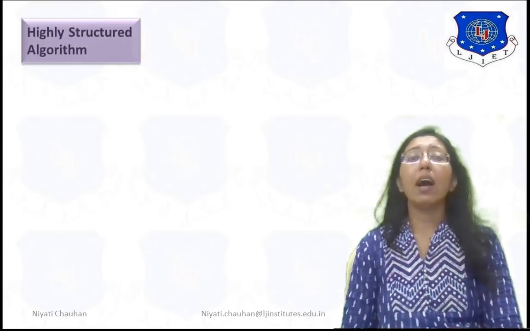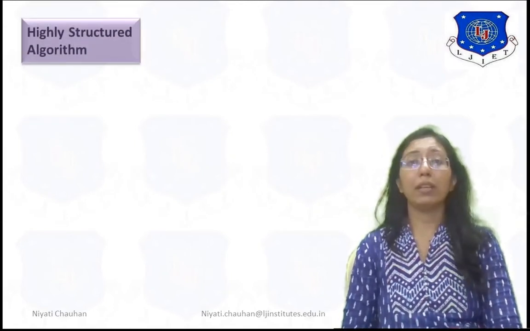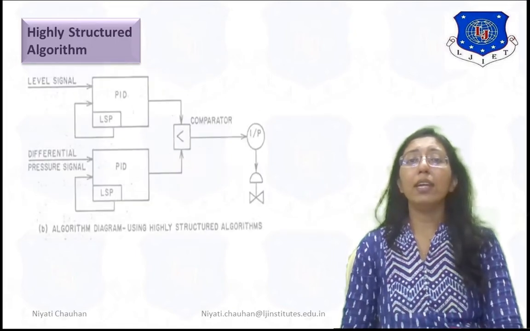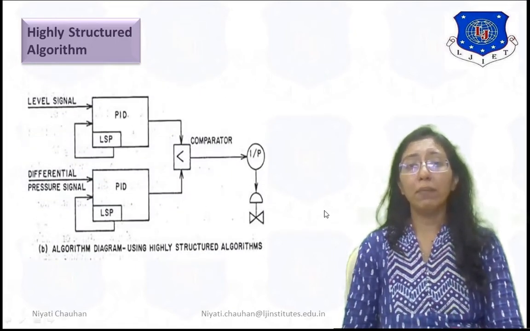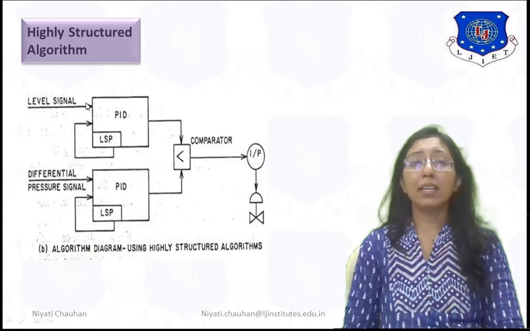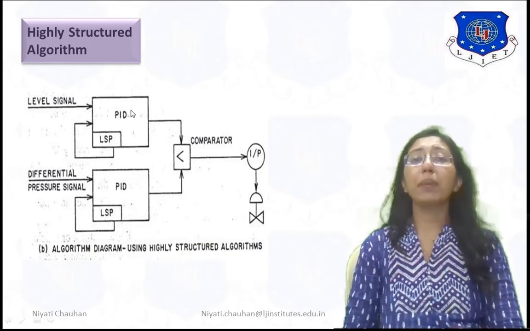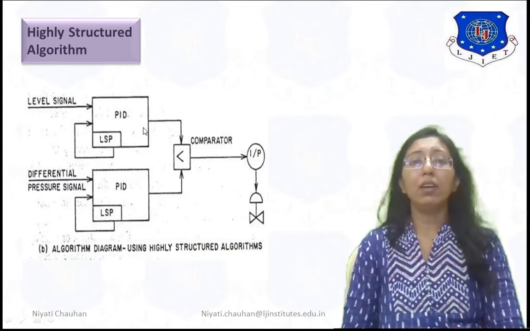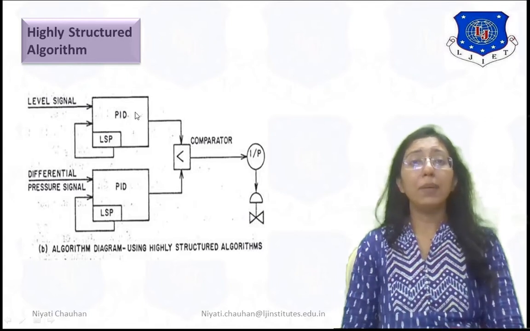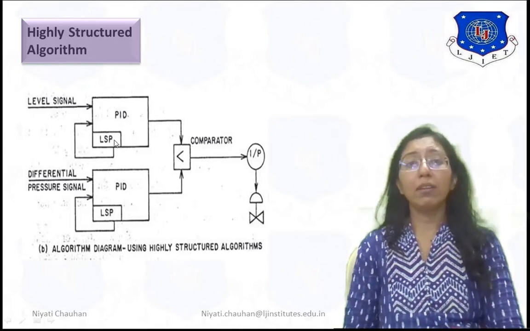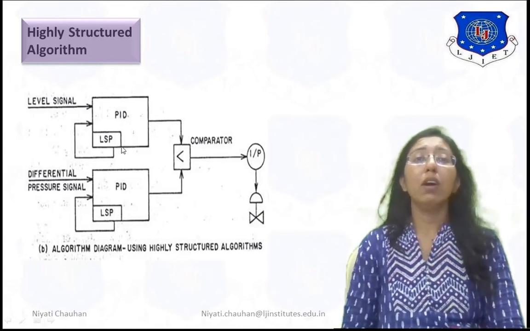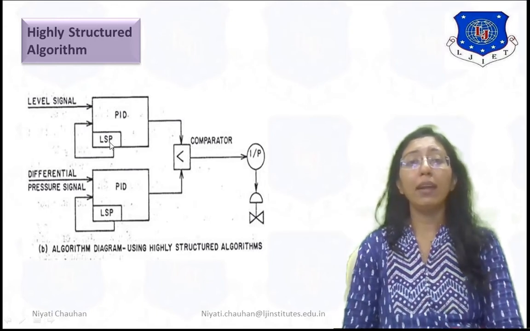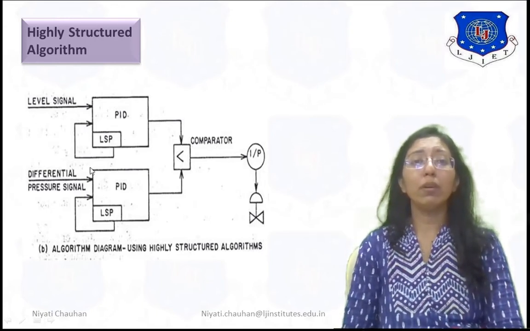Next is the highly structured algorithm, right? In the highly structured algorithm, the level signal goes to a PID. This PID also has one more function, that is low set point. So this is a closed loop.